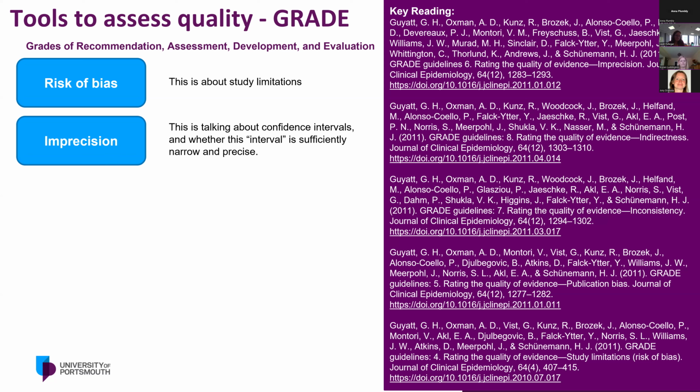And you might remember last session we talked about confidence intervals and how these provide a range of plausible values of what the true effect you're trying to measure might be. If the confidence interval is very wide, then it's imprecise and there's a lot of uncertainty around the outcome that you're trying to measure.